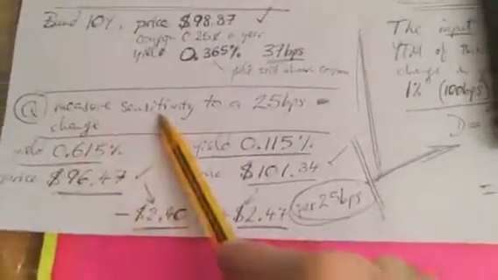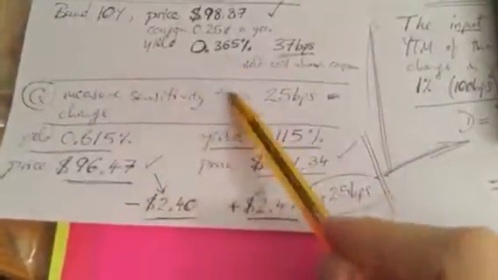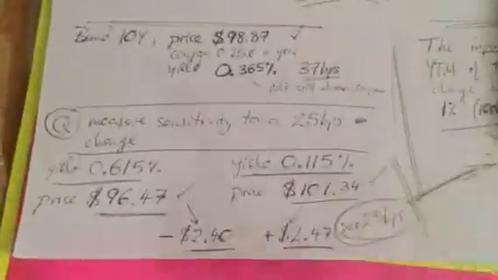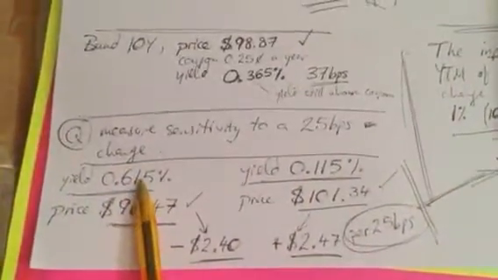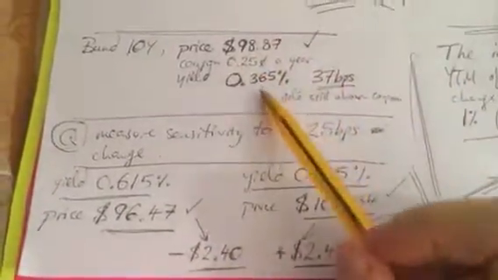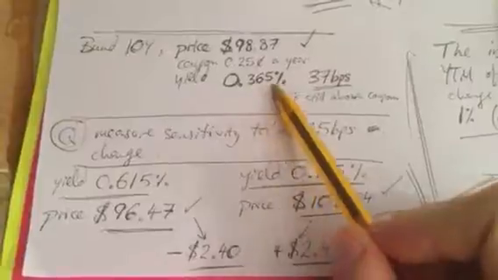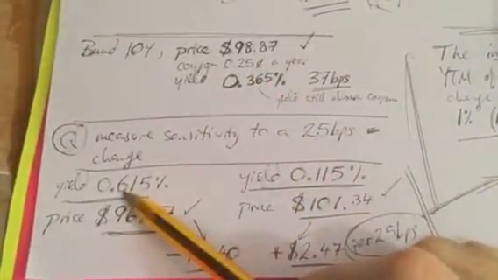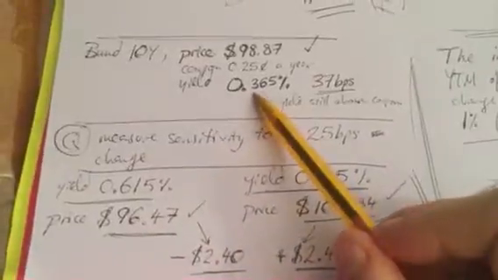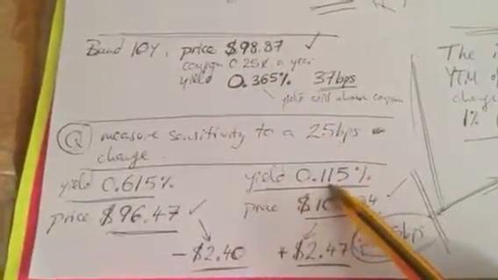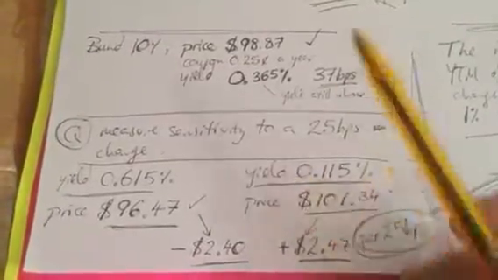All right, so here's the question. Measure the sensitivity or the duration to a 25 basis point change in yields. So here I've put an increase of 25 basis points and a decrease of 25 basis points. As we can see, 0.365 plus 25 basis points is 0.615, and 0.365 less 0.25 is 0.115% yield.